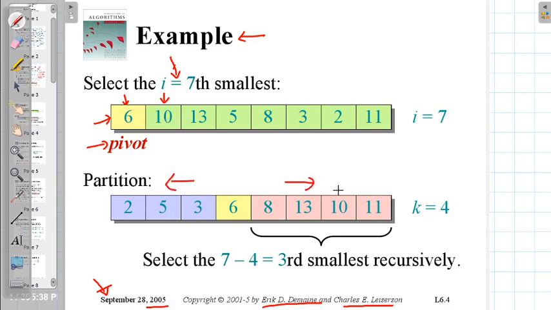As 10 is on this side, we have got 10 here. Like this, every other element will be compared with the pivot, and then we divide the list into two parts.